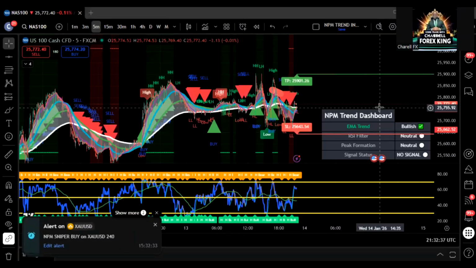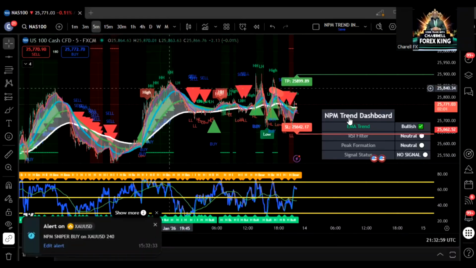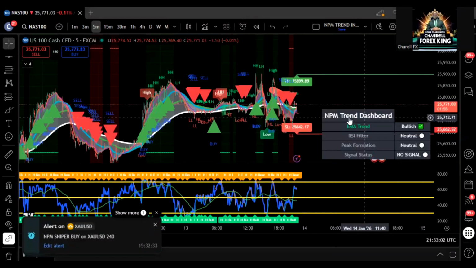But if you just wanted to start from scratch, you need, like I said, the broker. You need a broker to start with. You need a platform, MetaTrader 4, MetaTrader 5, or TradeLocker. You need tools like NPM Trend Indicator that I created, or NPM Trend Dashboard, as you can see, to give you indications.